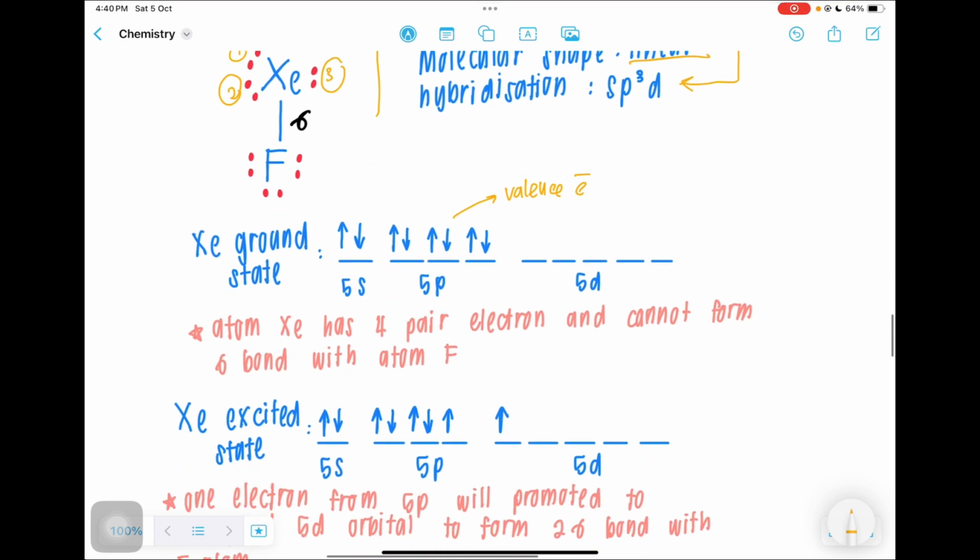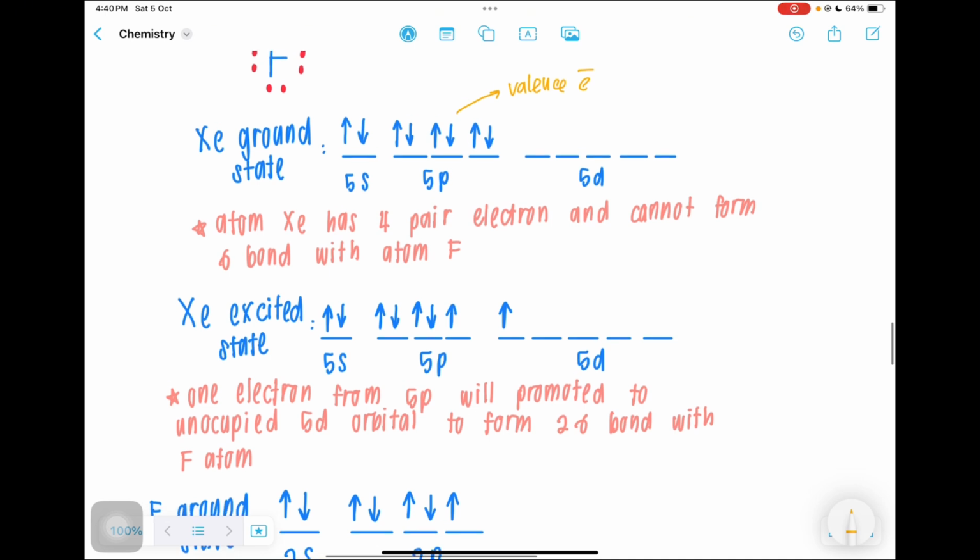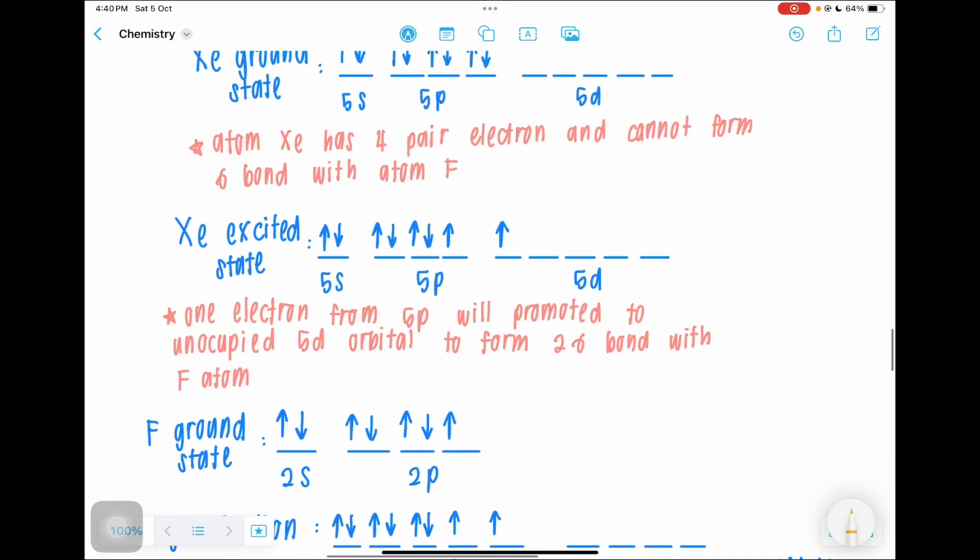So at the ground state, it cannot form any sigma bond with atom fluorine. And then at the excited state, one electron from the 5p orbital will be promoted to an unoccupied 5d orbital to form 2 sigma bonds with the F atom.